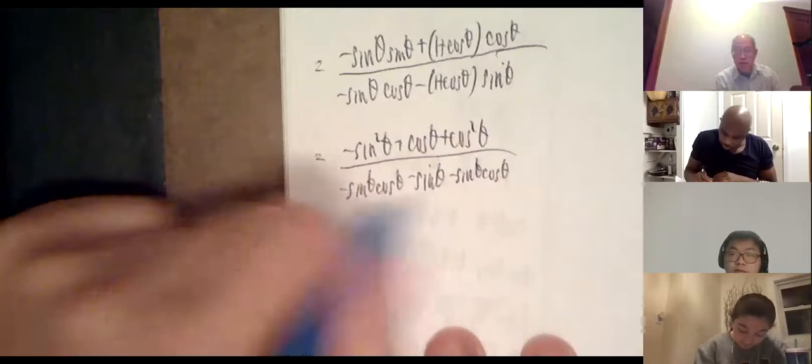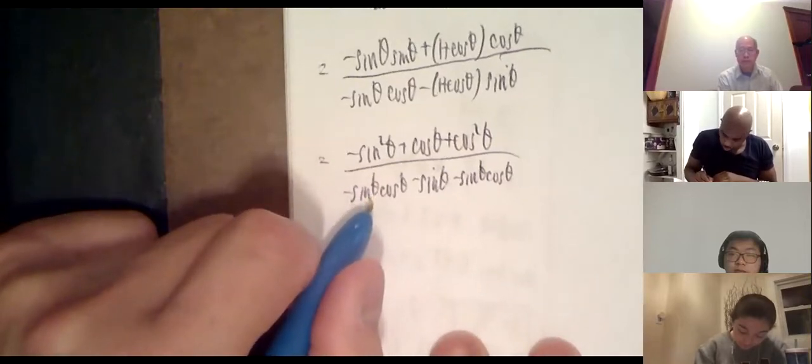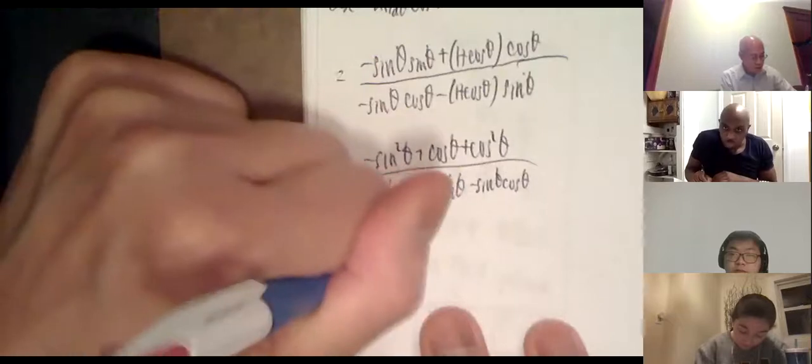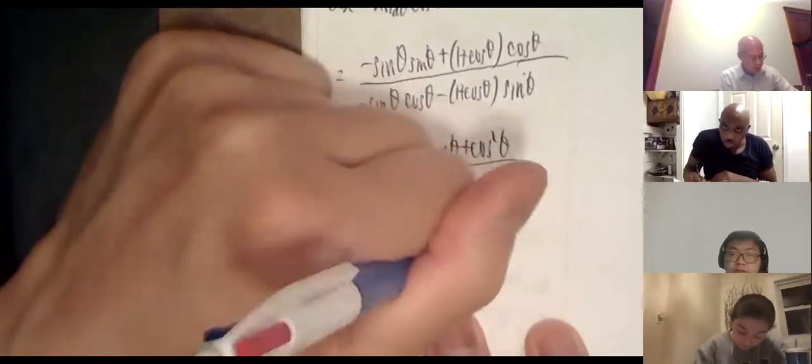So the bottom is 2 negatives, right? So negative sine squared theta plus cosine theta plus cosine squared theta over negative 2 sine theta cosine theta minus sine theta.